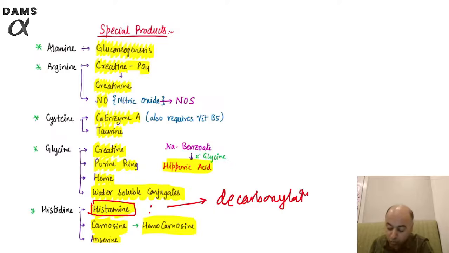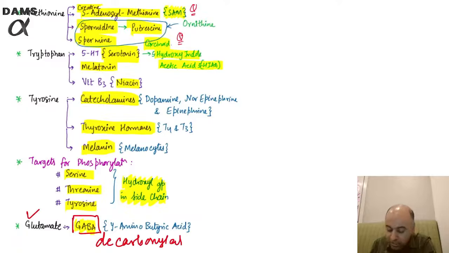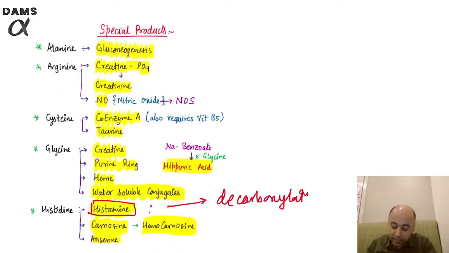So please remember, both of them are getting converted to the product, from histidine to histamine and from glutamate to GABA, by the reaction of decarboxylation. Okay, so the special products, from which amino acid they are coming and the reaction involved in the formation of GABA and the histamine, these are commonly asked.